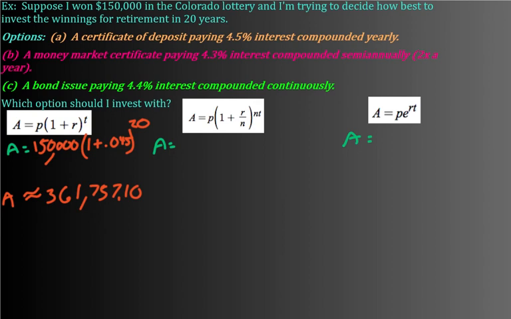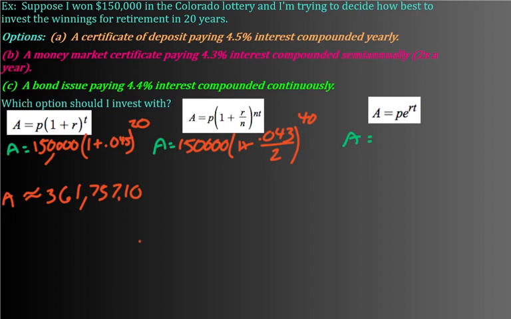In the next one, again, 150,000. And then 1 plus, so semi-annually is just 2 times per year. So we take my interest rate of 0.043 and split it up into 2 even chunks over the year. But now I have 40 applications of that interest because it's twice for each year, so it's 40 times total in the 20 years.